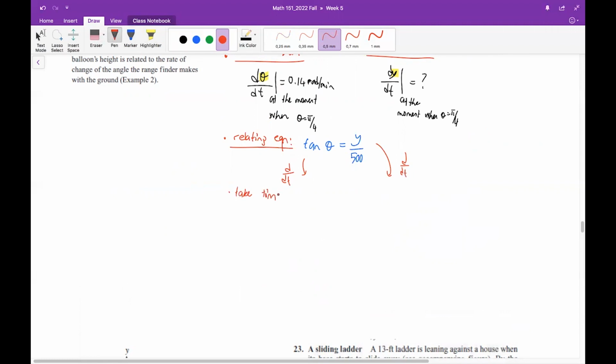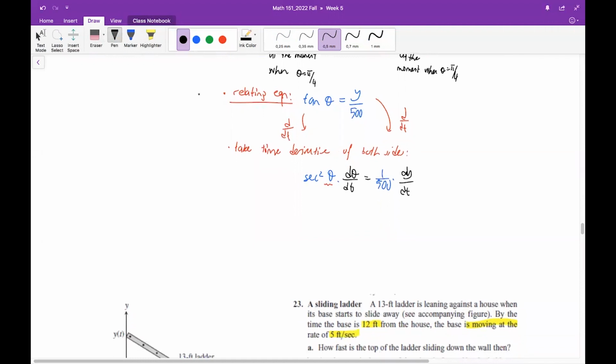Take the time derivative of both sides. So then what you have, the derivative of tangent is secant squared. You don't touch the inside, and then you need to multiply with the derivative of the inner part, d theta over dt. Here, 1 over 500 is just a constant in front, and then dy over dt.